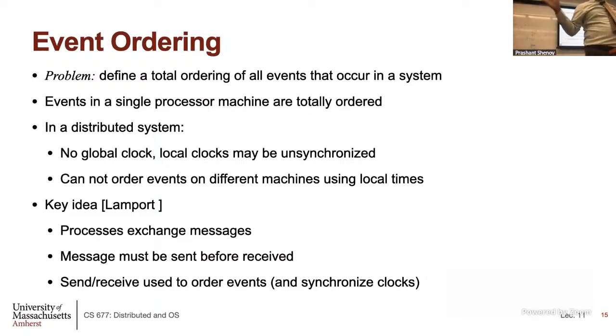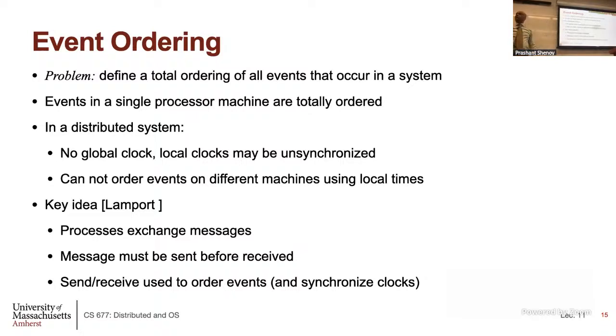So given a set of events, we just want to construct a total order, and these events are occurring across machines. It's a little bit abstract because we don't care in the algorithm what the events are. You can define any event that you care about for your application, and logical clocks will construct an order for you. Okay? So that's what the problem is.